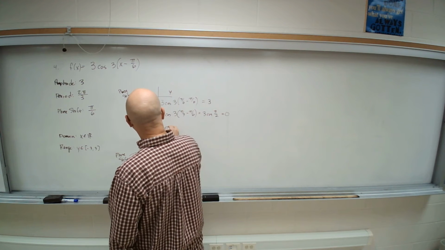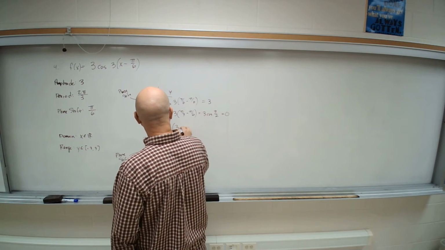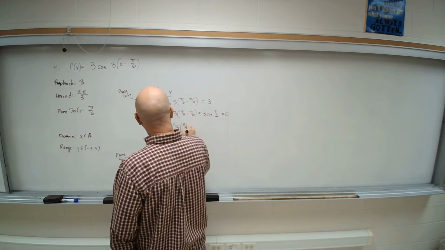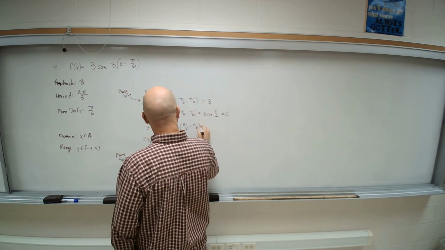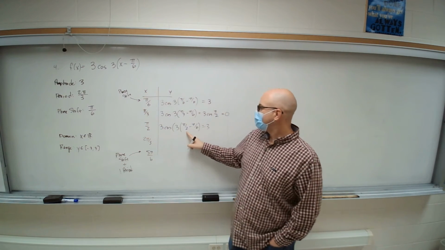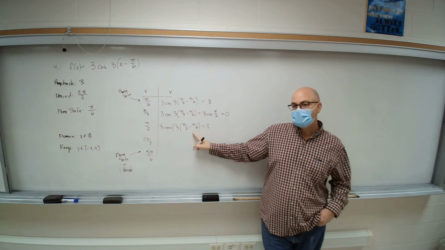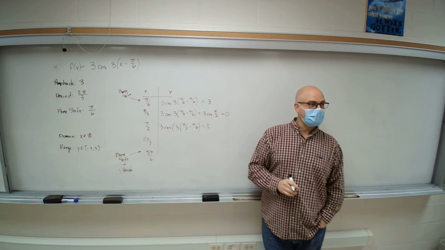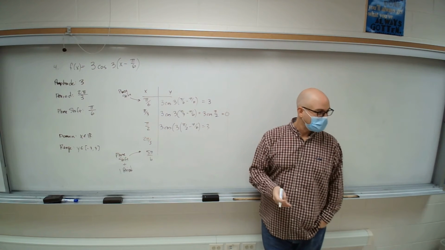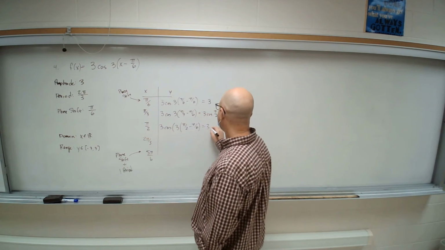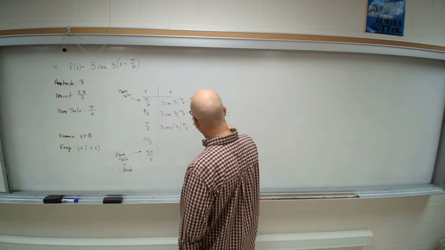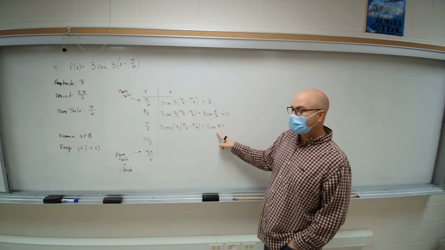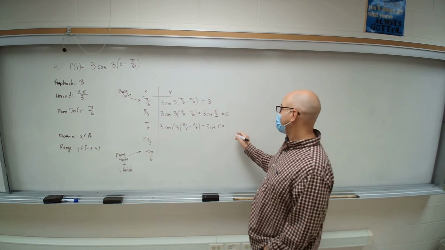So here, 3 cosine of 3 times pi over 2 minus pi over 6. So let's see, that's 3 pi over 6, take away pi over 6 is 2 pi over 6, times 3 is 6 pi over 6, which is just pi, right? So 3 times the cosine of pi, which is negative 1, right? So that gives us negative 3.